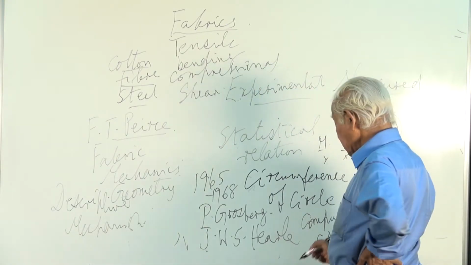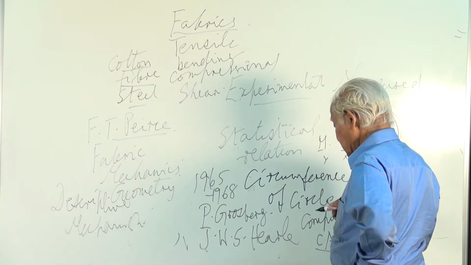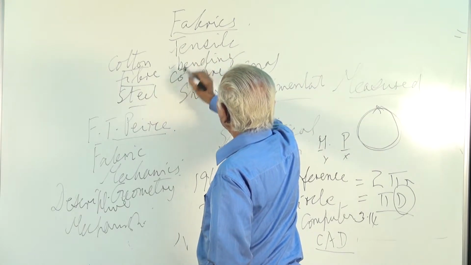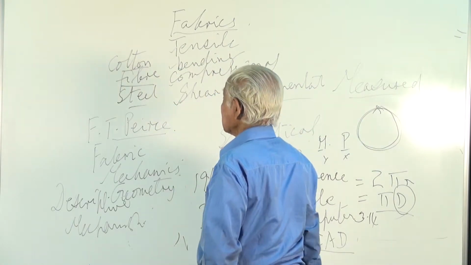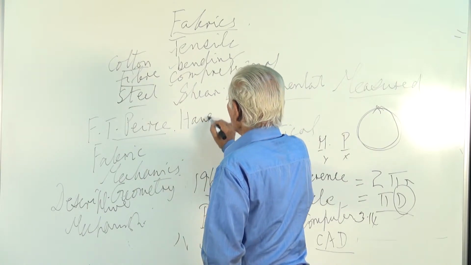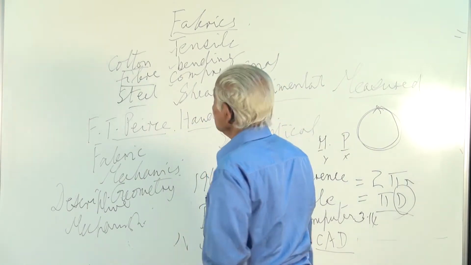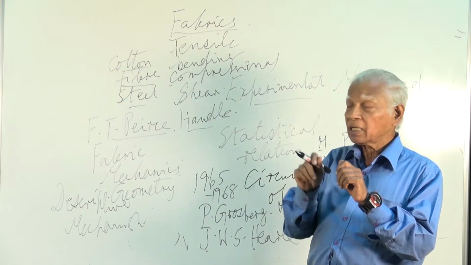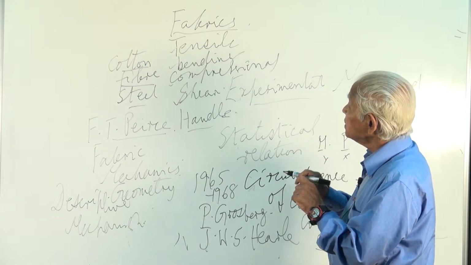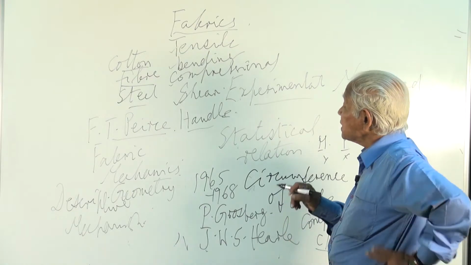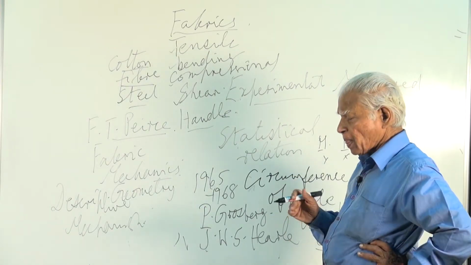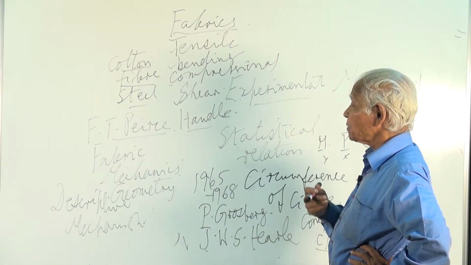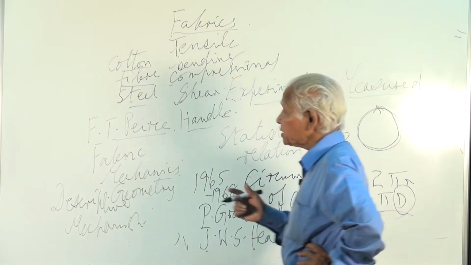So today the computer, if some models are being used, they are capable of giving the properties of the fabric such as tensile, bending, compression and shear, and also the handle of the fabrics, because the handle is nothing but the mechanical properties of the fabric such as bending, shear, compression and also the surface properties such as the surface roughness. When we have all these properties of the fabrics, it is possible to have an idea about their handle.